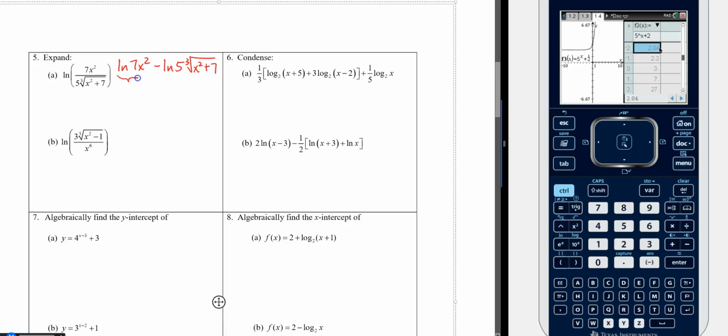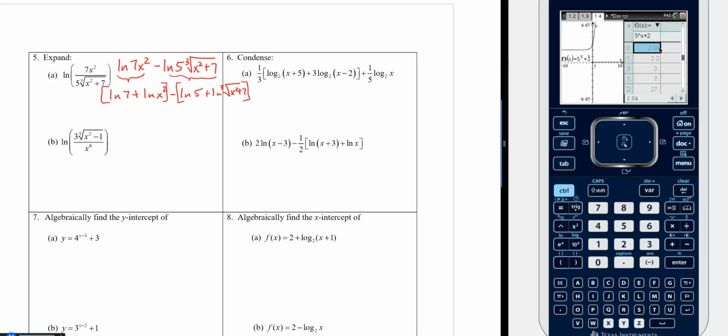And I can separate this into the natural log of 7 plus the natural log of x squared minus, separate this out, the natural log of 5 plus the natural log of the cube root of x squared plus 7. I want to make sure these stay grouped. And the last thing I can do is take care of my exponents and my radicals.